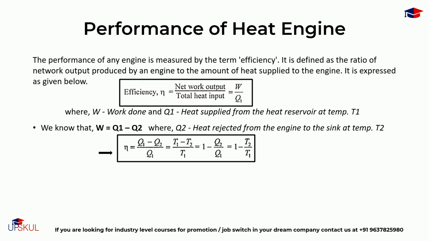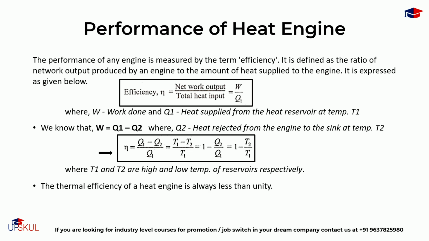So substituting those, we get efficiency is equal to Q1 minus Q2 divided by Q1. Okay. And since we know that temperature gradient and heat gradient are equivalent, we can also write it as T1 minus T2 divided by T1. Right.